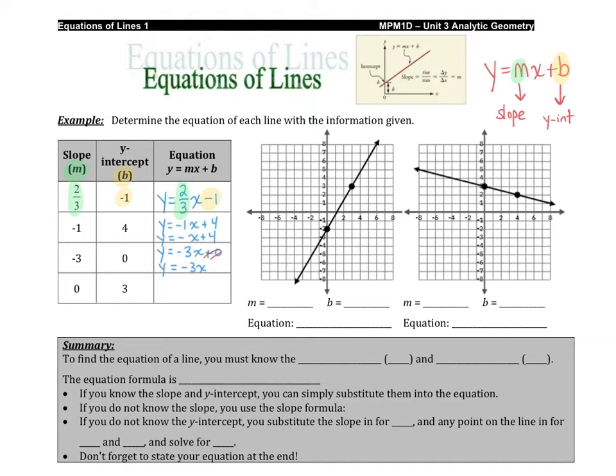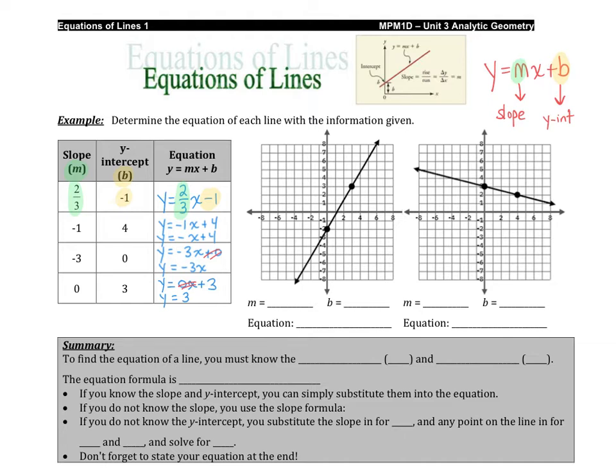So we can write y equals 0x plus 3. So whenever there's a 0, you don't have to write that. So you don't change that to y equals x plus 3, because that means that coefficient of x would be 1 instead of 0. So that would actually be y equals 3.